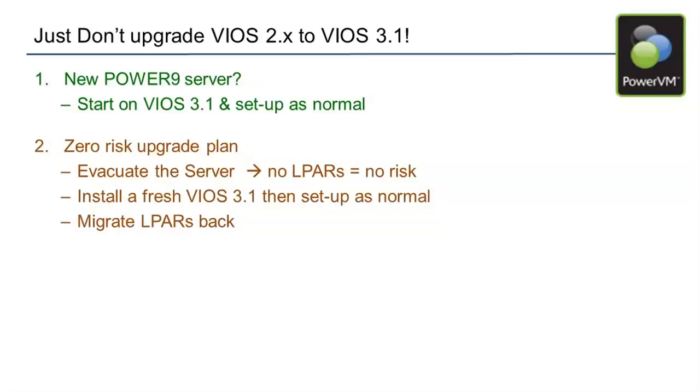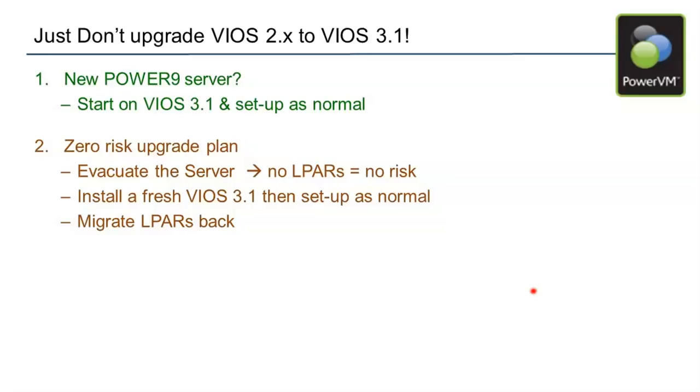I tend to call it a splat upgrade. Just scratch the disks and install a fresh copy of VIOS server 3.1, just like in the number one case. Set it up as normal, and then once it's up and running, you can do live partition mobility back to bring your client LPARs and your applications back to this machine. That assumes you've got some sort of spare capacity to do this at a peak workload.